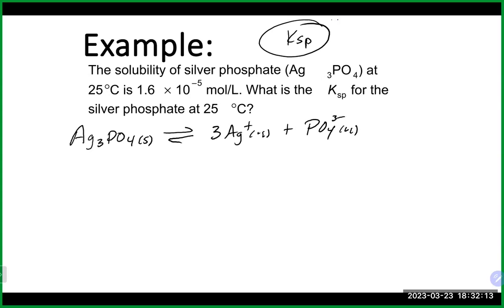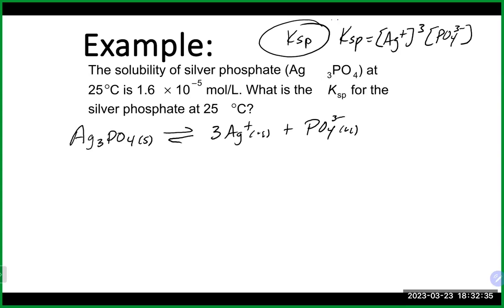Questions on that part there? By the way, now that I have the equation, my KSP expression should be the concentration of silver cubed times the concentration of phosphate. And once again, our reactant side is a solid, so we don't include it in there.